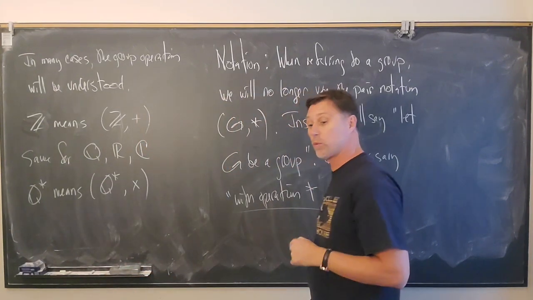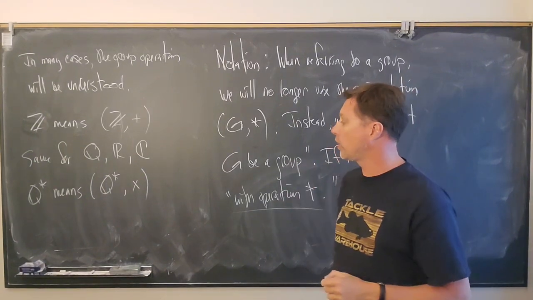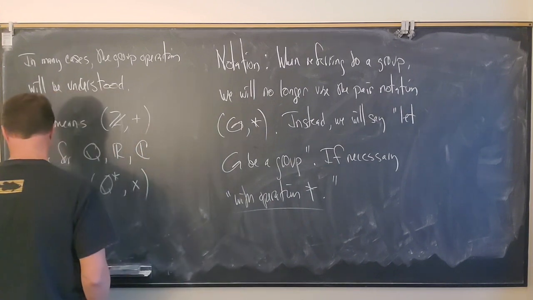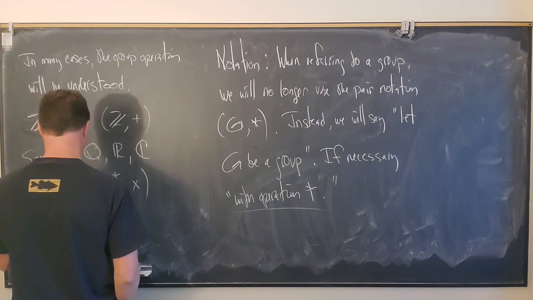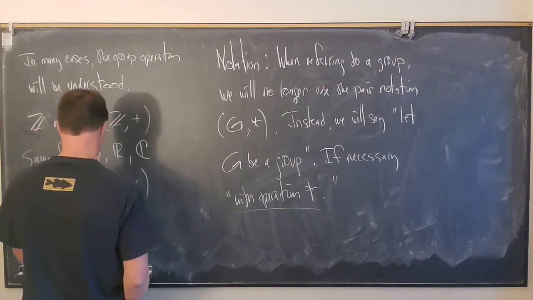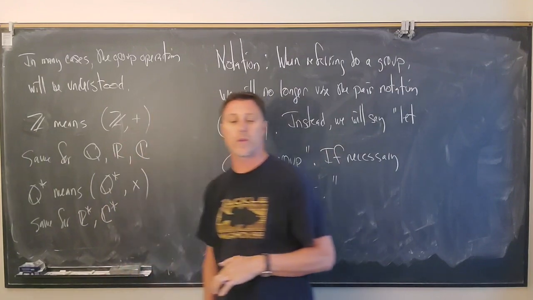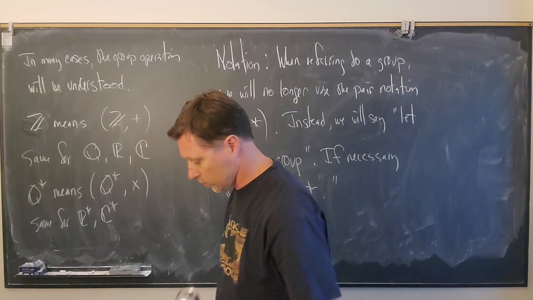So when we say the group Q star, we're talking about that group along with multiplication as the operation. Same for R star and C star. If we talk about R star, we mean the group of non-zero real numbers with the operation of multiplication.